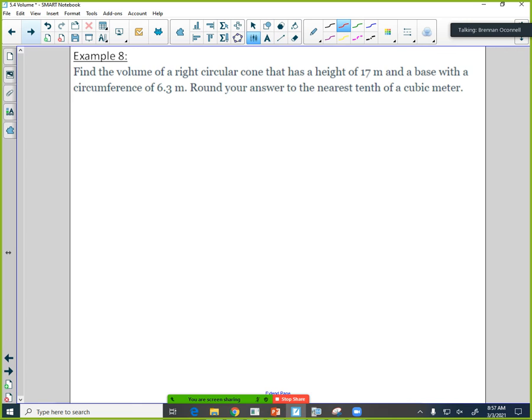And then there's one last one we need to look at. Find the volume of a right circular cone that has a height of 17 meters and a base with a circumference of 6.3 meters. So we're given the height of 17.